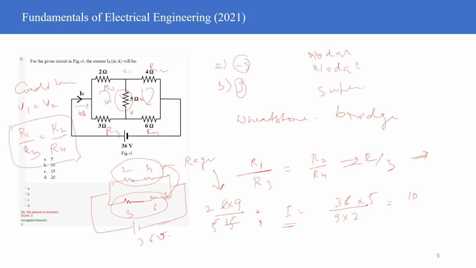So what engineers have done, just to simplify the calculation and analysis, is take the special case and make it a kind of Wheatstone bridge concept, right? You will also see this in your first year.